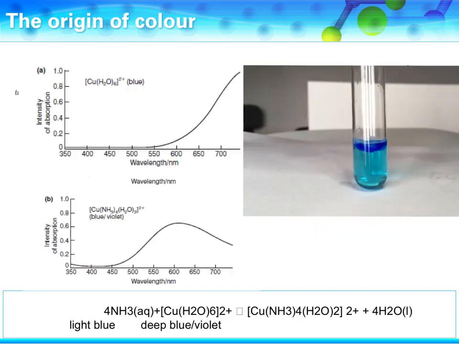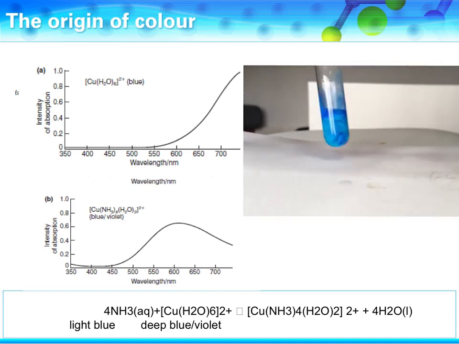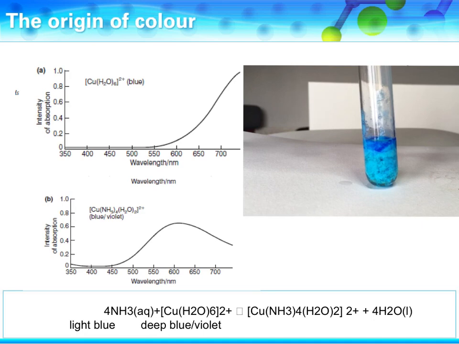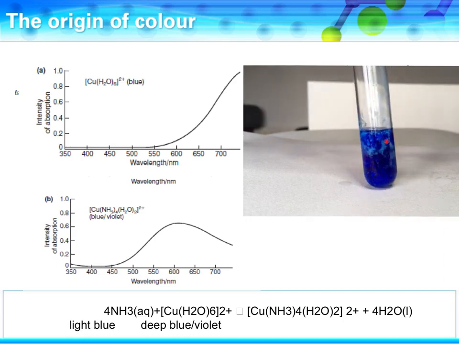Let's have a look at this ligand exchange reaction with copper ions. The light blue solution is caused by this hexaaqua complex here. And you can see as the complex forms, just ignore the precipitate for now, as excess ammonia is added, it goes deep blue. And the absorption spectrum changes.